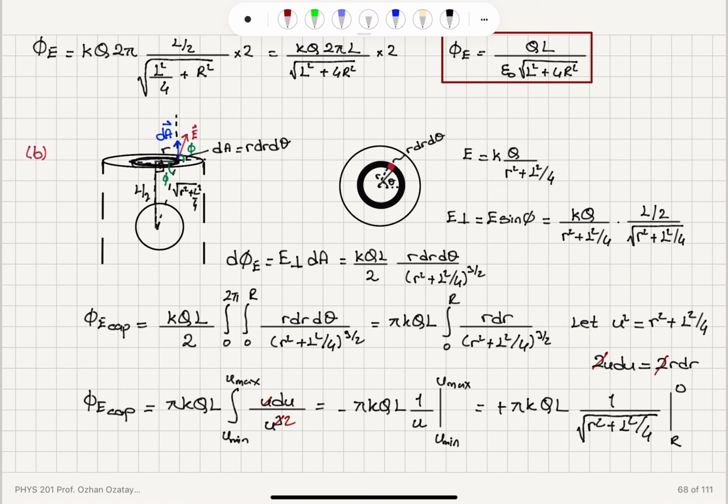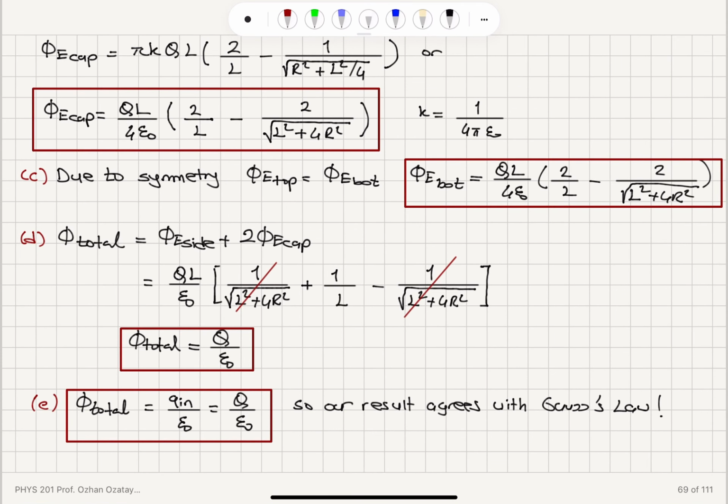So the electric field magnitude multiplied by sine phi, which is L over 2 divided by square root of R squared plus L squared over 4. And then we integrate over all possible angles to cover the ring and all possible radii to cover the full area of the top cap. And there we have found this answer, and this answer is identical to the answer we would find for the bottom cap due to the symmetry of the problem, so we have the same result.